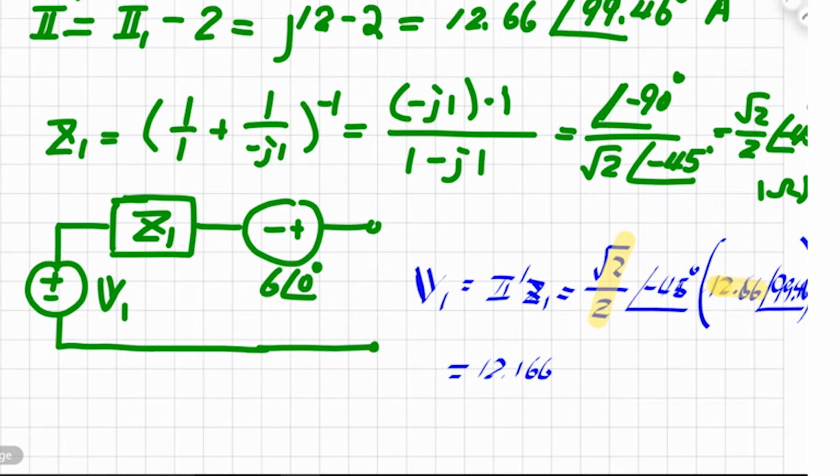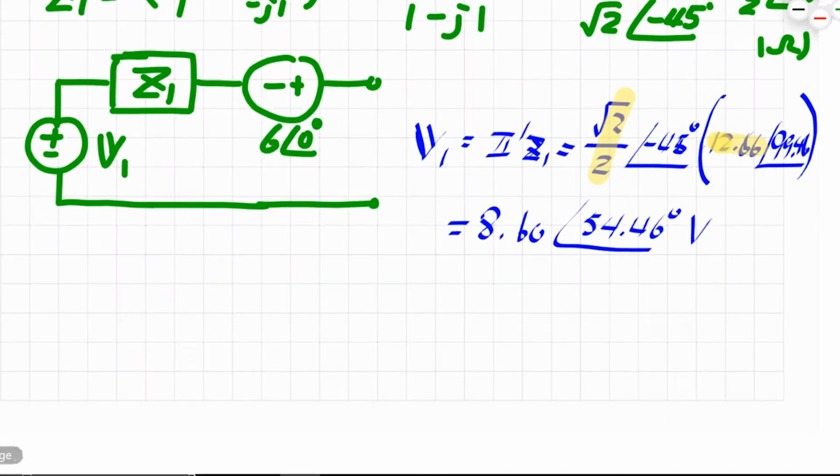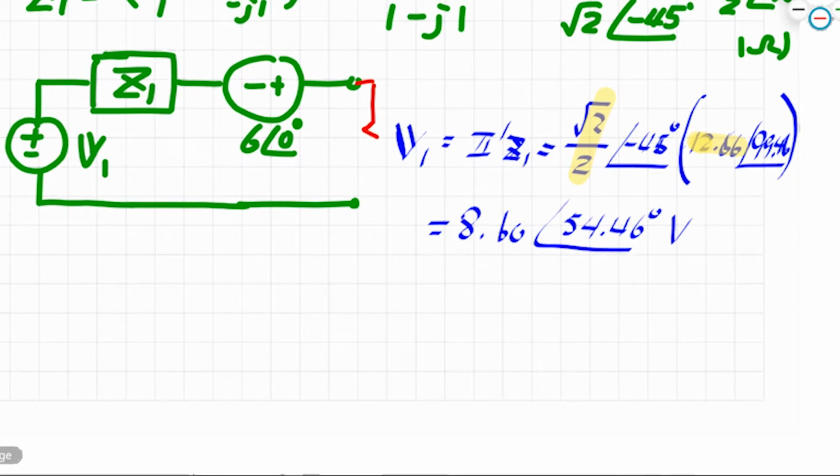The multiplication of square root of 2 divided by 2 and multiplied by 12.66 actually gives us 8.6. And the phase angle of negative 45 plus 99.46 gives us 54.46 volts. So now finally you can see we're going to put the load resistor back into the circuit here.